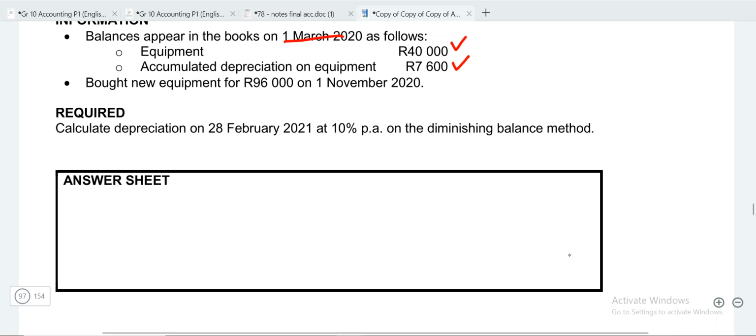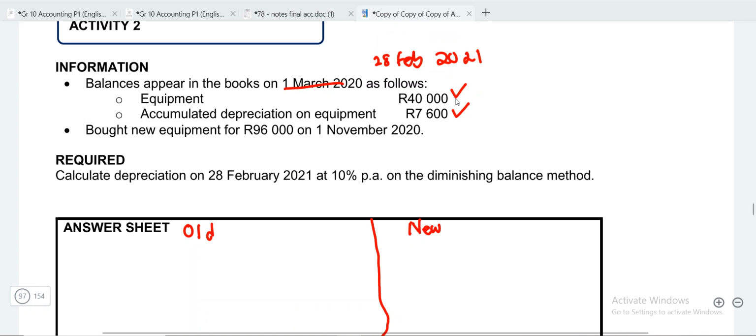I'm going to divide my answer sheet into two parts. This side I will calculate depreciation for the new asset, and this side I'll calculate depreciation for the old asset, which is the equipment that we had at the beginning of the year.